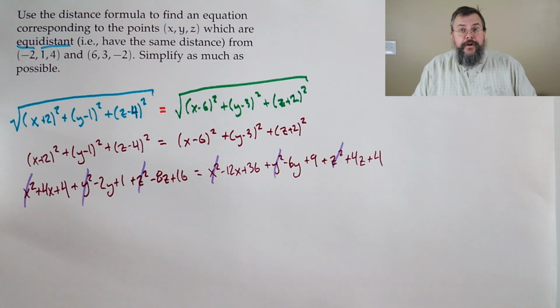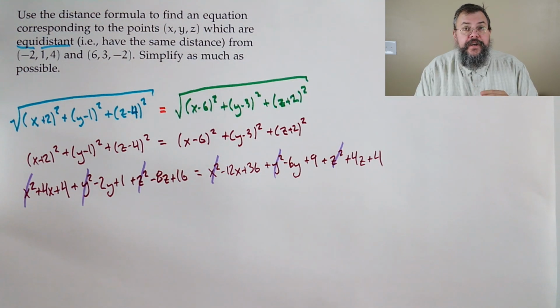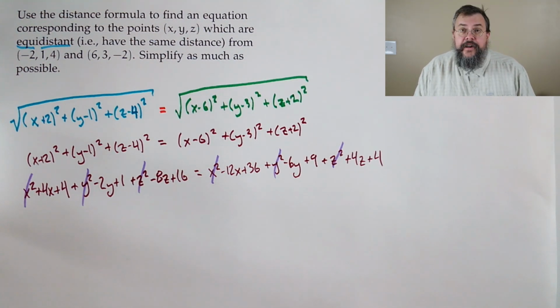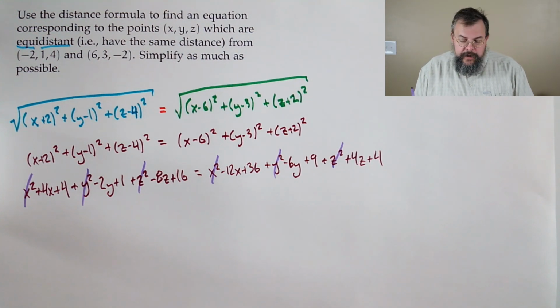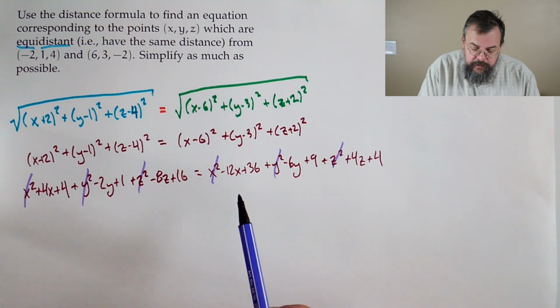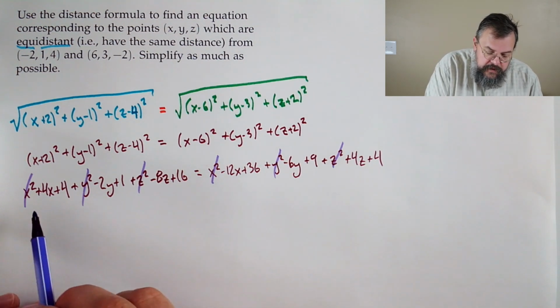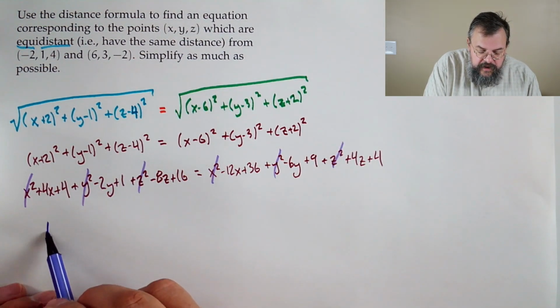Okay, what's the other thing to do? Well, now nothing else is really canceling, but we can start grouping. So let's put all the variables on one side and all the constants on another side. Okay, so what would that do? Well, I'd move the minus 12x across. So 4x, because to move the minus 12x, it would become a plus 12x. So that'd be 16x.